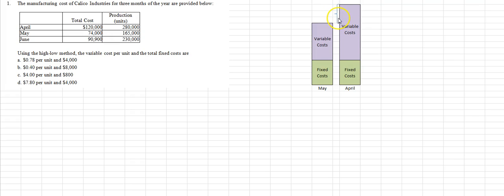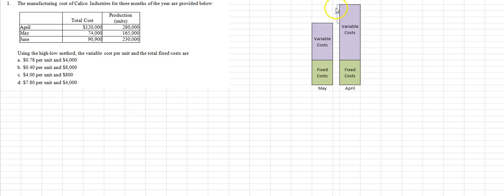Since variable cost per unit is going to be consistent under all 3 months, we know that as the cost increases from this point to this point, each cost is going to be a variable cost, and so the number of units that were increased, in this case 280,000 minus 165,000, were what caused this increase in cost, right?